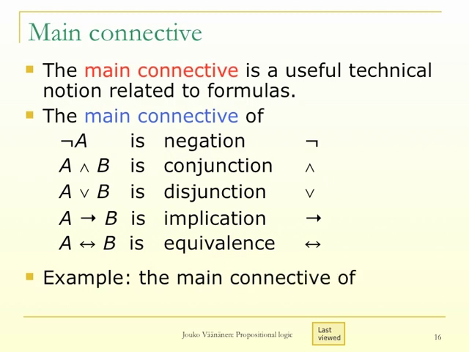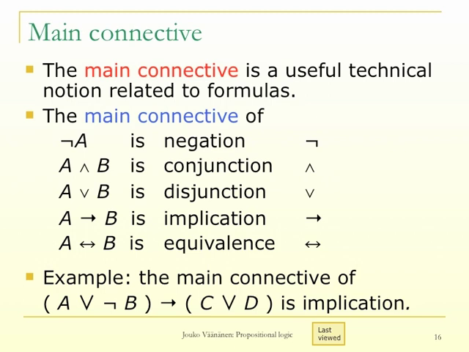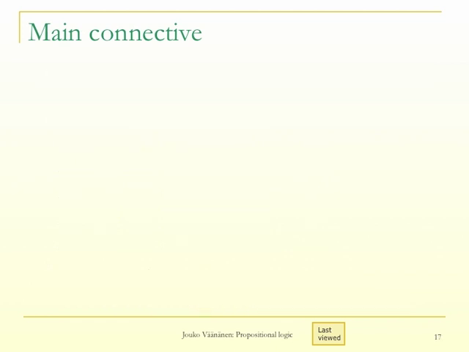For example, the main connective of (A or not B) implies (C or D) is implication.